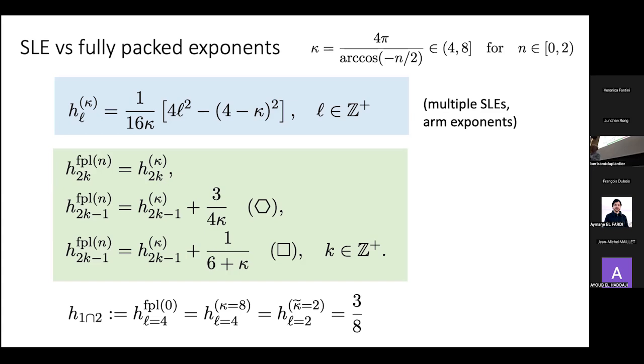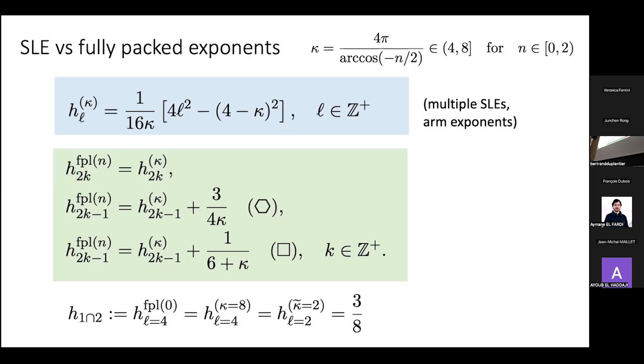So the number of lines here, I call it little l, which is in this formula. So this is a formula. If you take SLE, you take a certain number of paths sticking out of a point, mutually avoiding, multiple SLEs, l SLEs, they are going to have a certain conformal weight, h sub l, as a function of the number of lines, given by kappa, of course, the kappa of the SLE, and this famous quadratic formula, which corresponds to the Coulomb gas of Nienhuis a long time ago.